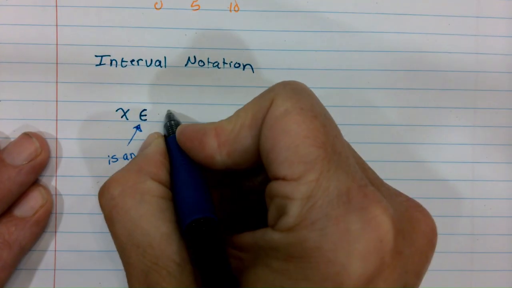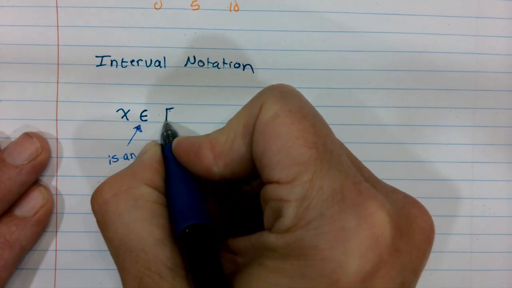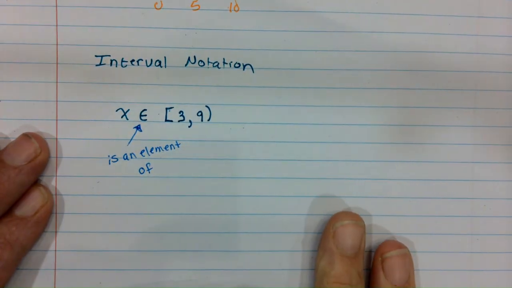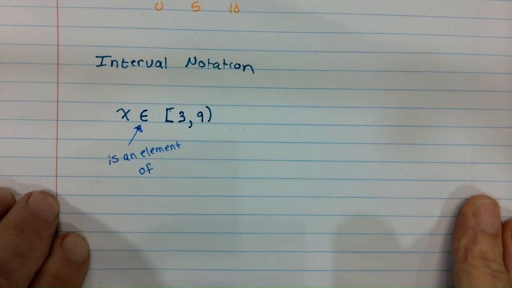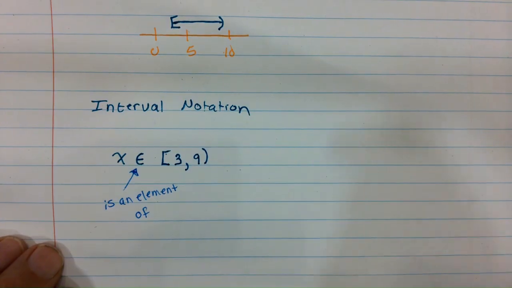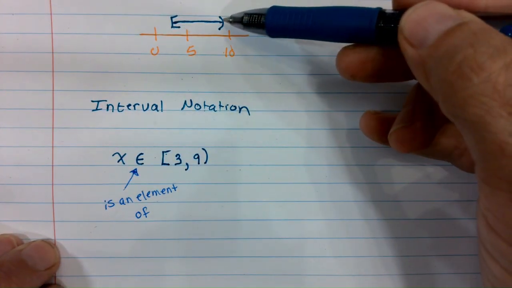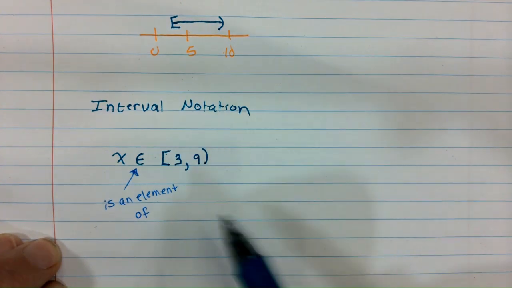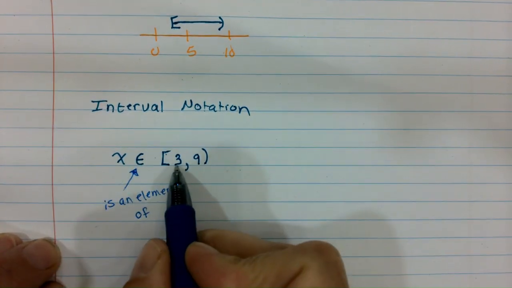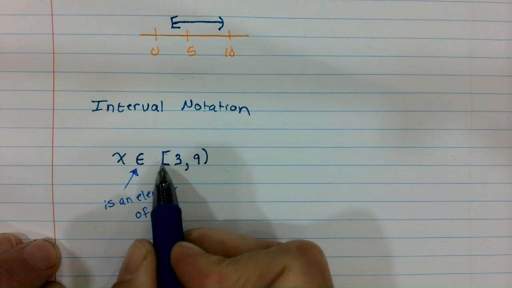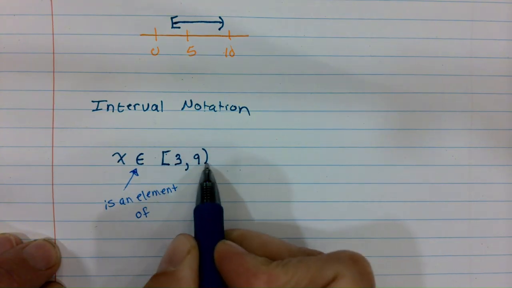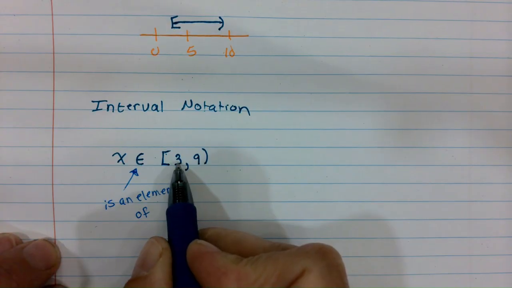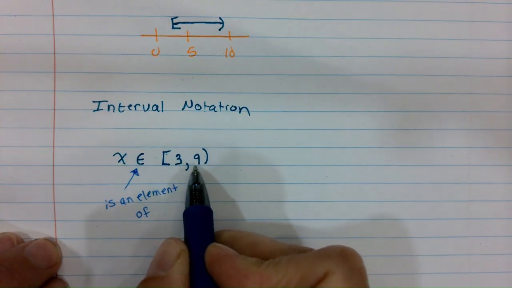So our last example, we had it between 3 and 9. If we notice, the bracket and the parenthesis from our number line became our bracket and our parenthesis for our interval. So this just states the interval from 3 to 9, including 3, not including 9. So 3 is guaranteed to work, but we're going to get close to 9, just not quite reach it.